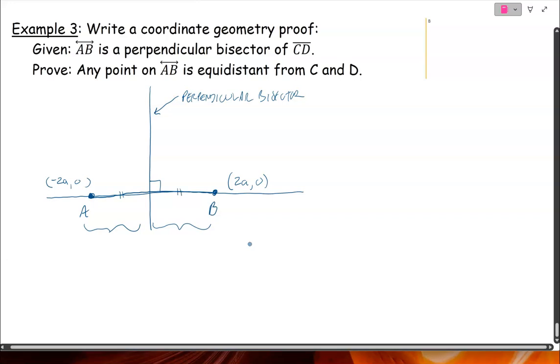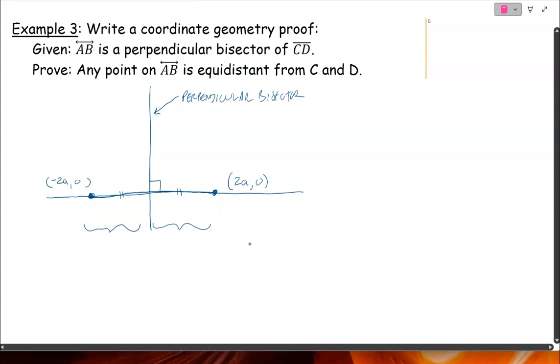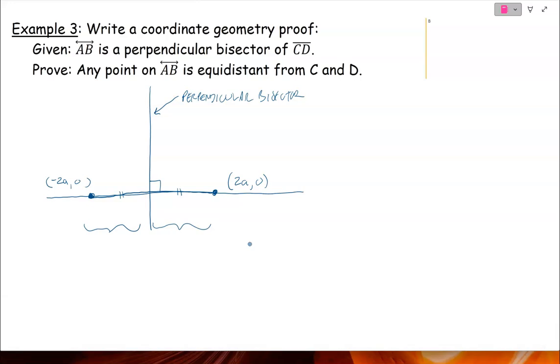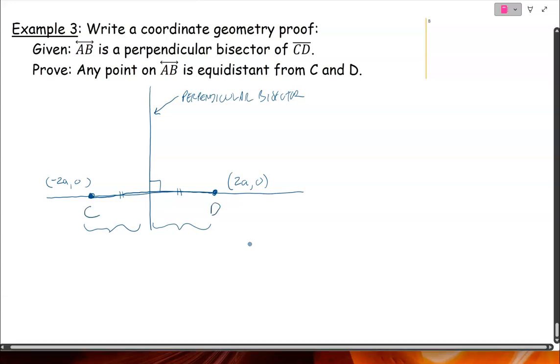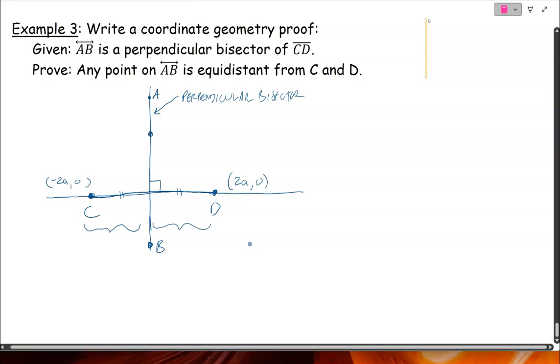We want to be given a perpendicular bisector, and then we want to show that, or actually they named these points in the description of the problem, it says we're calling those points C and D instead of A and B. So our perpendicular bisector is AB, which is our y-axis. Okay, so we want to show that if we pick any point on AB, then it's going to be equidistant from C and D. So pick any point here.